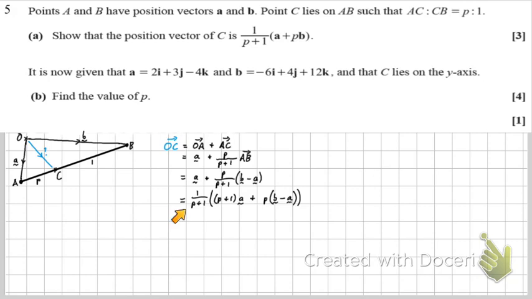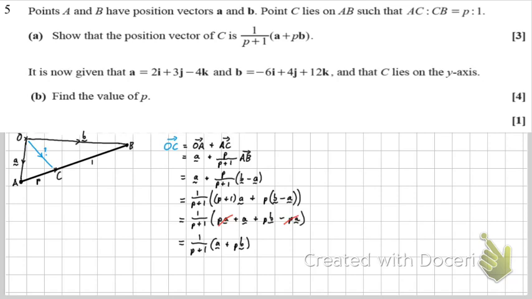But I've taken the 1 over p plus 1 out at the front. But to create just this a here, I've had to do p plus 1 times a. So you can imagine if you did this term times the factor, the p plus 1s would cancel, just giving you just this a. And then if you expand what's inside the big bracket, you spot that there's a pa and a minus pa that cancel, and that gives you the result that we want.